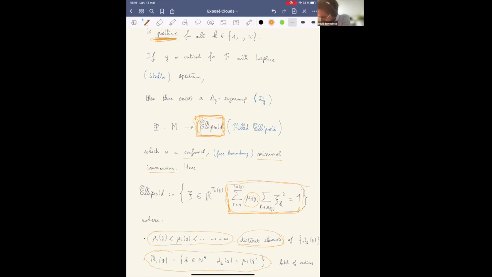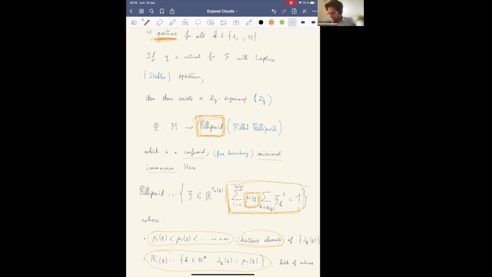So you have directions that correspond to each index, and these directions are weighted according to the corresponding eigenvalue. And since you consider combinations of eigenvalues, the weight is different. And so in the end, what you get is an ellipsoid.